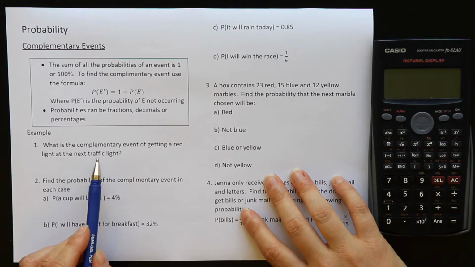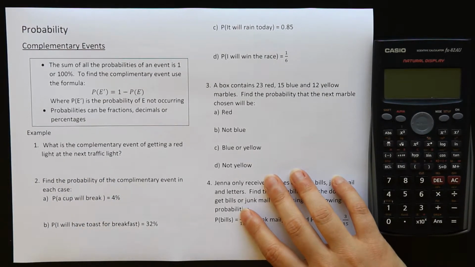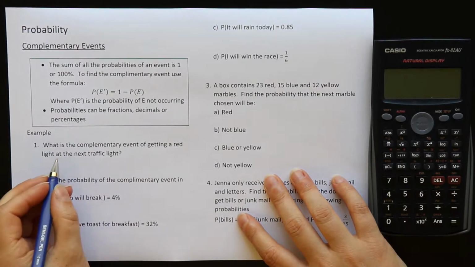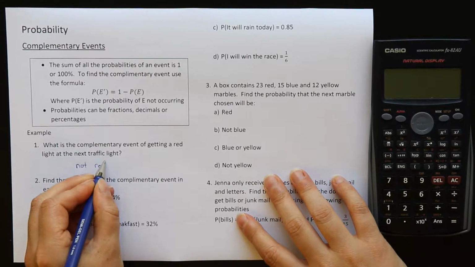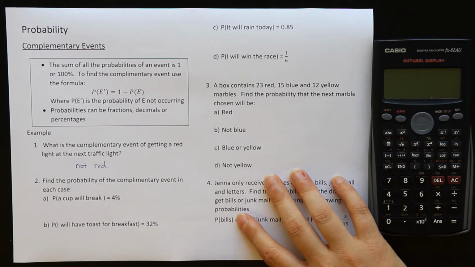The complementary event means to not get a red light. I don't want you to say green or yellow. That's true, it would be either green or yellow, but it's easy just to say not getting a red light is the complement of getting a red light.